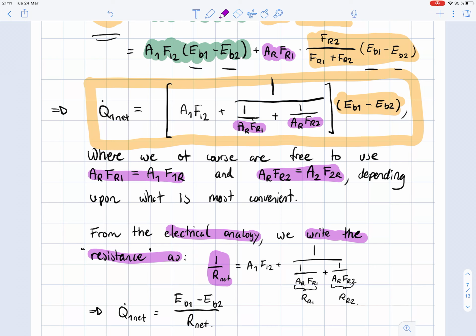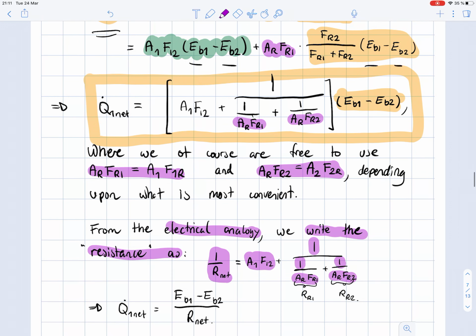It equals A1 times F12 plus 1 over (1 over A_R F_R1 plus 1 over A_R F_R2). And we call each of these R_R1 and R_R2, where the subscript R is due to these surfaces being refractories.